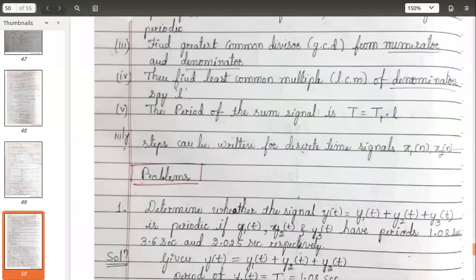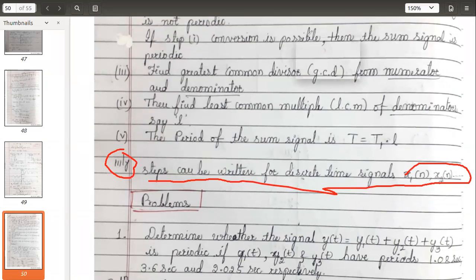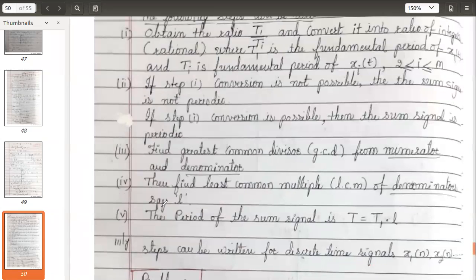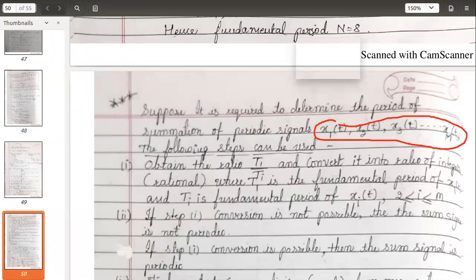I'll read it out. Before that, I've written one statement here. Similarly, steps can be written for the discrete time signal. The 5 steps I have just followed are for continuous time signals. Similarly, you write the same steps for discrete. What will be the change in the steps?